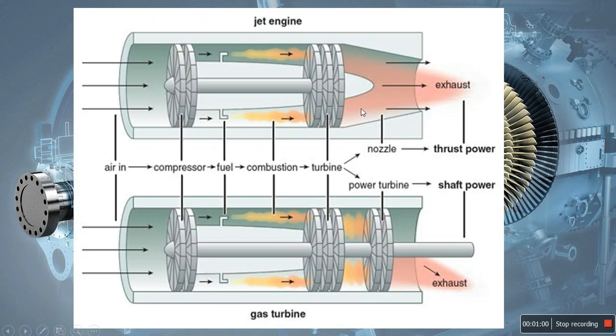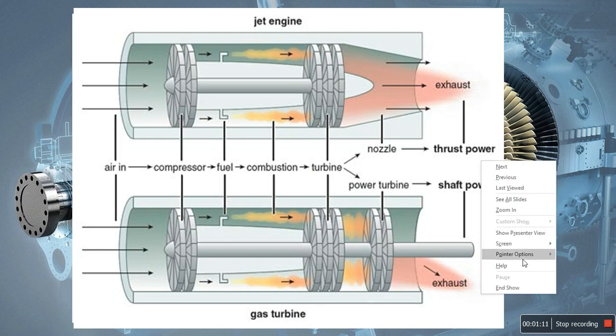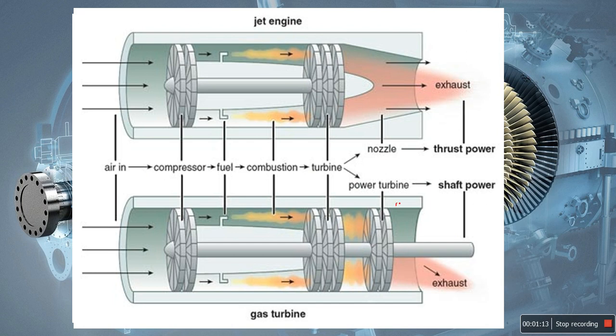Okay, let's start with the difference between the gas turbine and the jet engine. If we see the gas turbine, we look at the outlet portion. The outlet area of the gas turbine and the outlet area of the jet engine is the main difference.